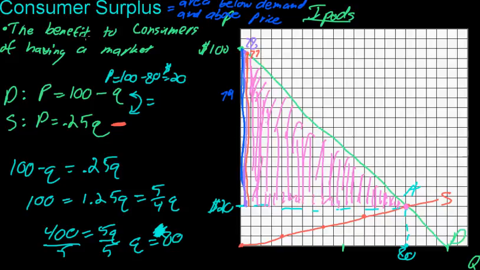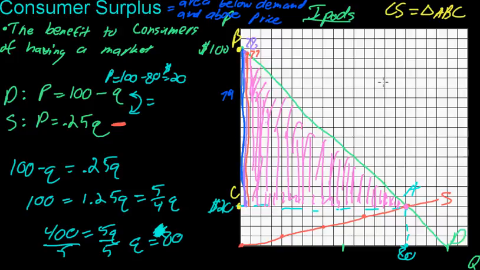So if we put points on it to name it like we do in geometry, if this is point A, I'll make this point B, and then I'll make this point C. The consumer surplus, which is often abbreviated CS, is equal to the triangle A, B, C.